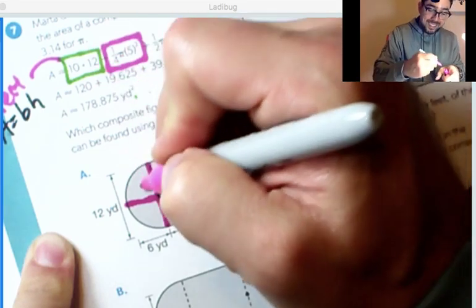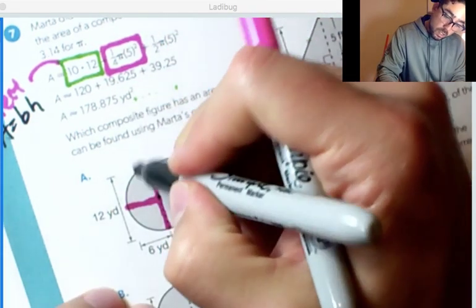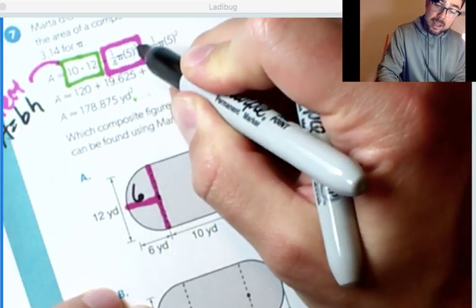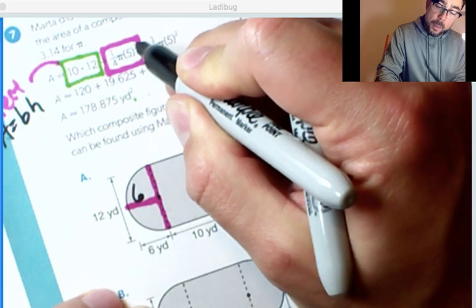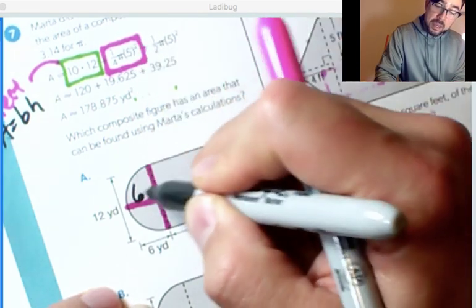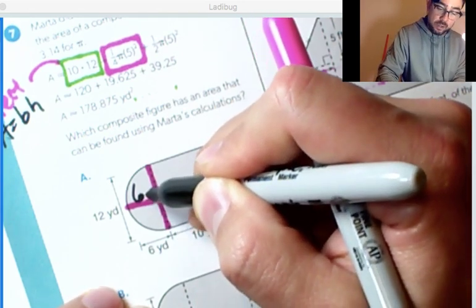Radius should be 6. This here shows pi r squared, or pi times radius squared, pi times 5 squared. This can't be it because this should be pi times 6 squared. So we're going to get rid of A.